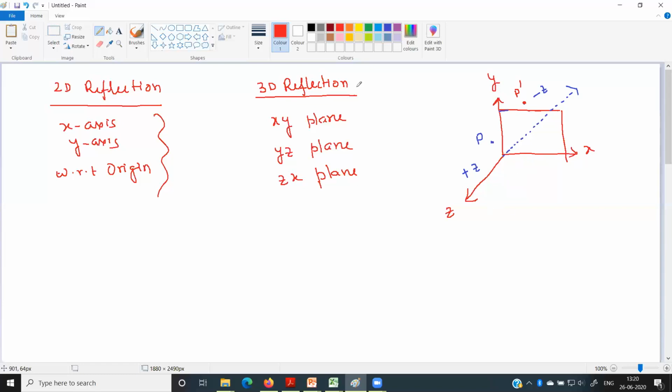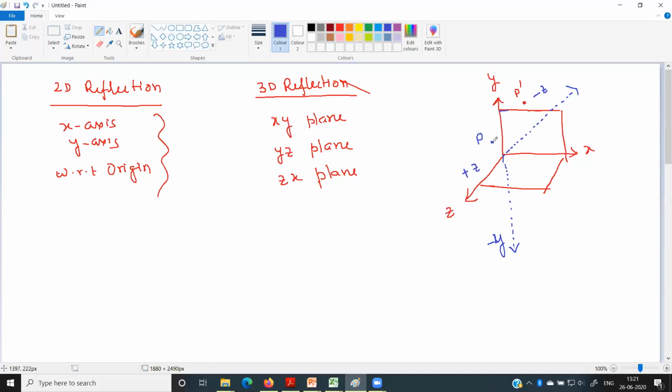Similarly, if you want to perform the reflection along the XZ plane, let us say this is our XZ plane. You want to reflect any point P along this XZ plane, so this will work as a mirror, and we assume that Y will extend in the opposite side, and this is the negative Y axis.